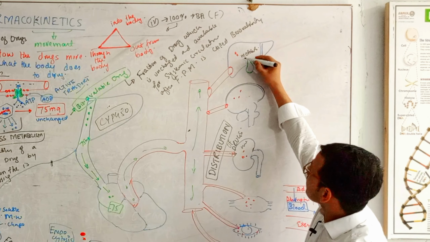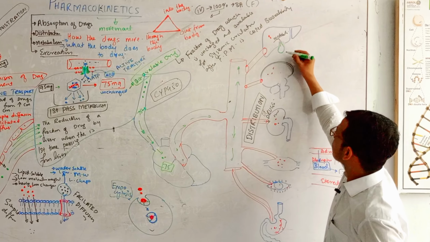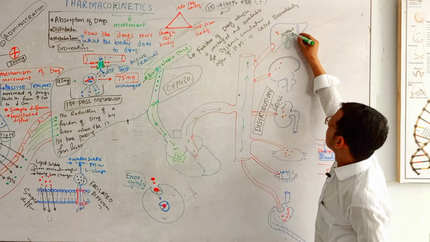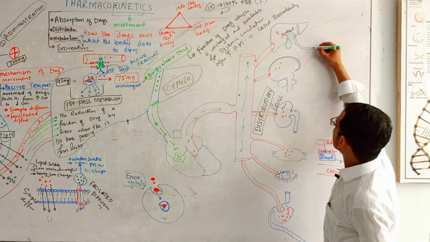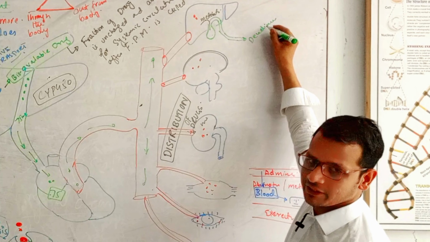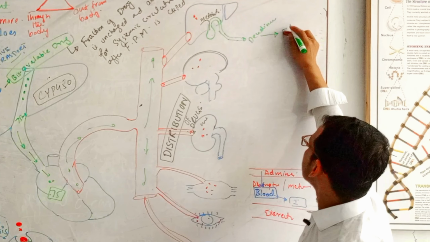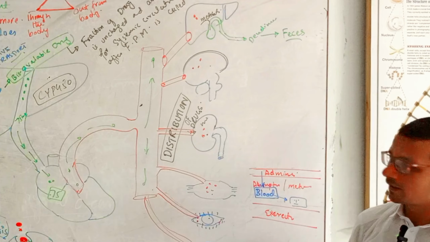From here, the drug will be excreted in bile. This is the gallbladder. In the gallbladder, the bile goes into the duodenum with metabolites, and from the duodenum the drug will be excreted, or leaves the body, through feces, right?